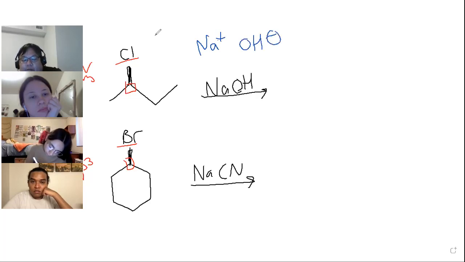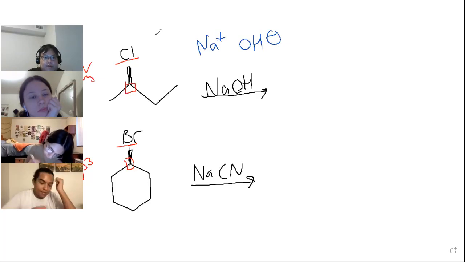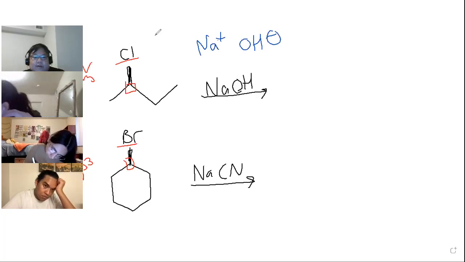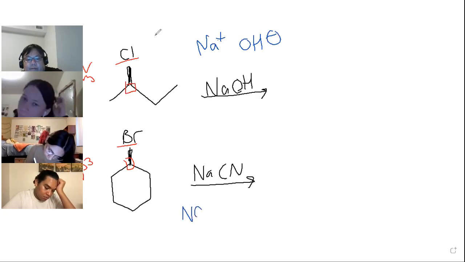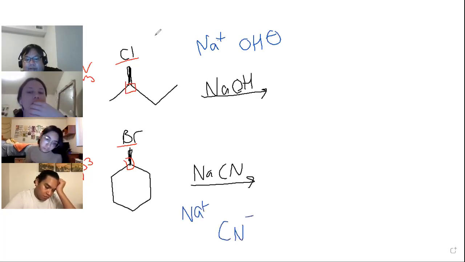It's very important to remember this because whenever you see a metal first, sodium, potassium, lithium, whatever it may be, those are always positively charged. So that means that on the other side, it's going to be a negative charge. So here, sodium, positively charged, and then CN, cyanide, negatively charged. All right, so whenever you see a metal like that, don't forget that there is a charge there.